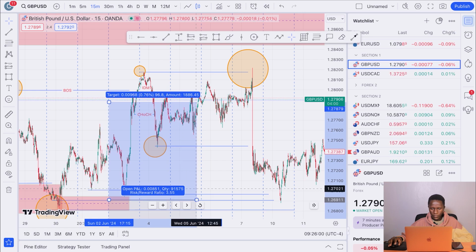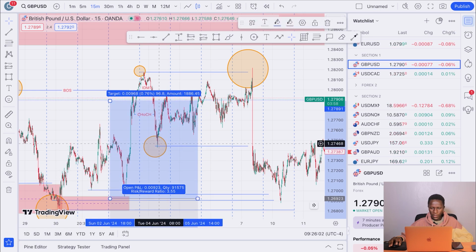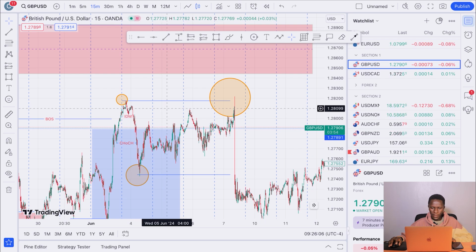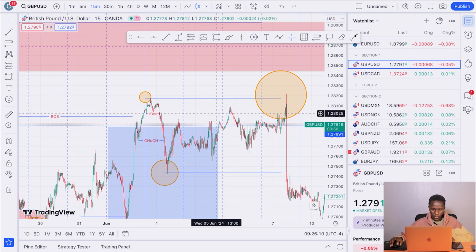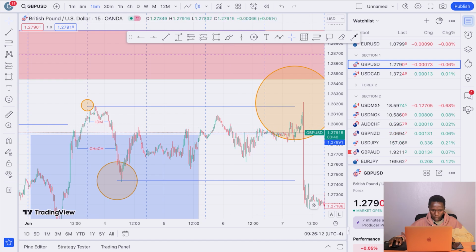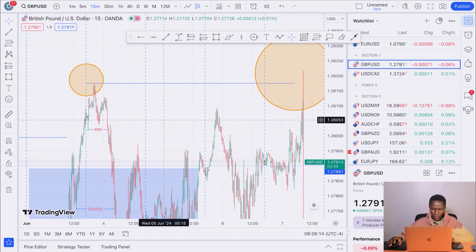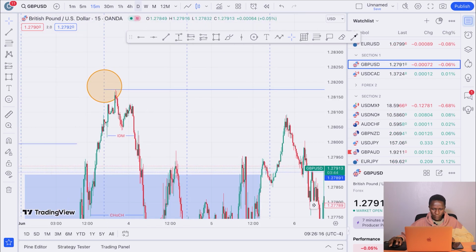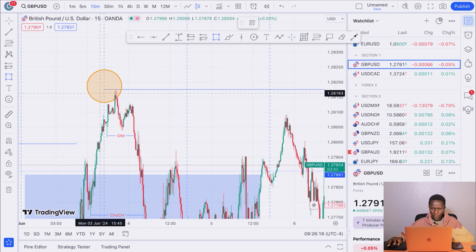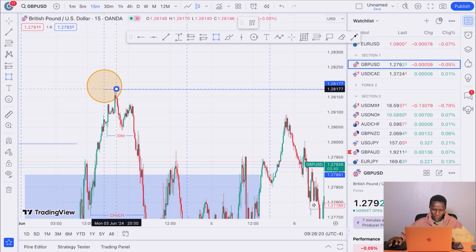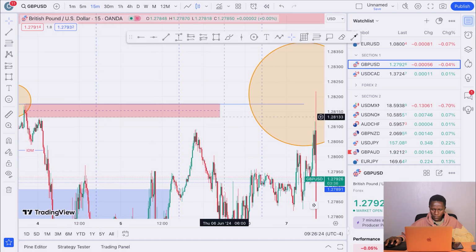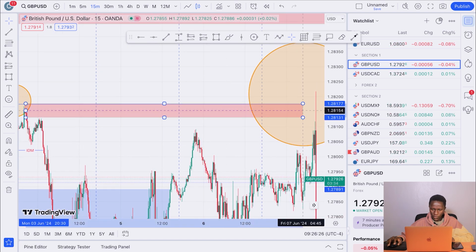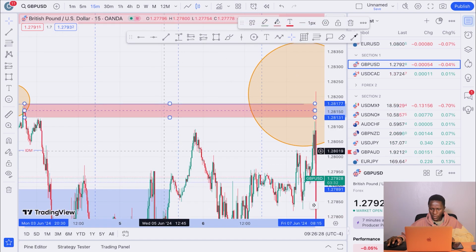So here, this was the previous week before the NFP. Then when the market came, we expected it to come and mitigate this order block, because it was our extreme order block.